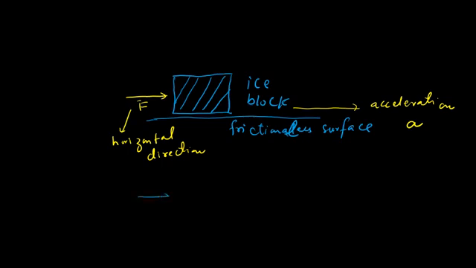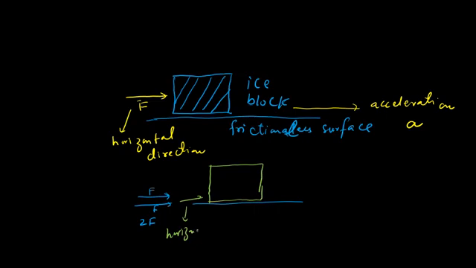Now we are applying a double force, that is, we increase the magnitude of the force on the block. The block is the same, but the force is double compared to the first one. So we are applying a 2F force in the horizontal direction. Now what will happen to this block?